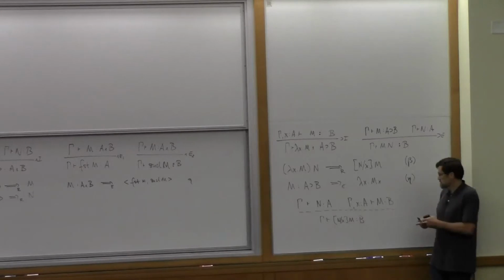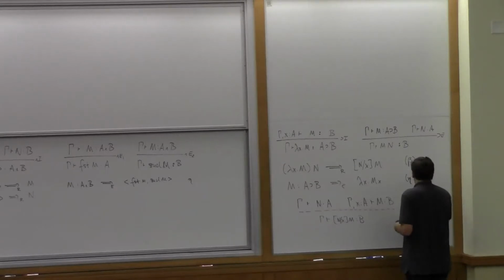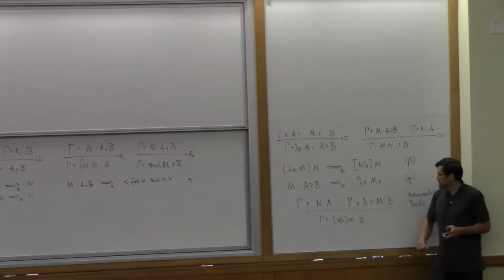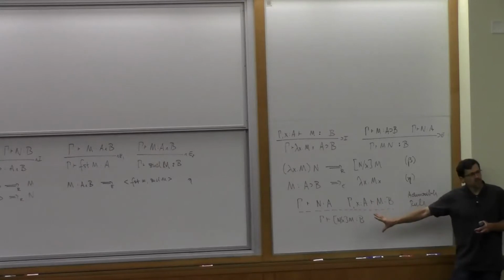So this is what's called an admissible rule. It's something that we know: if we have a proof of this and we have a proof of that, then we get a proof of that. But in itself, it's not a rule. It's a property of the system. Does that make sense? It's very important to distinguish between things that are properties of the system and the things that are inference rules.